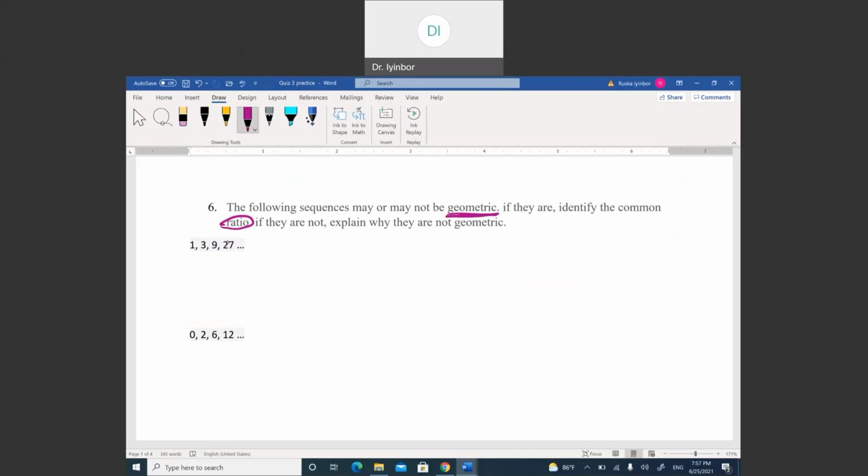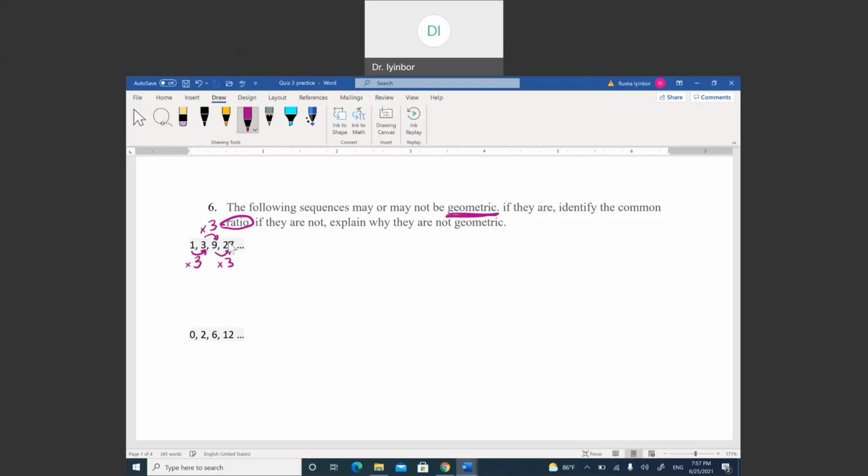So let's look at the first one. From 1 to 3, what are you multiplying by? You're multiplying by 3, right? Then from 3 to 9, you're going to multiply times 3 again. 3 times 3 is 9. Then from 9 to 27, you're going to times 3 another time. 3 times 9 is 27.